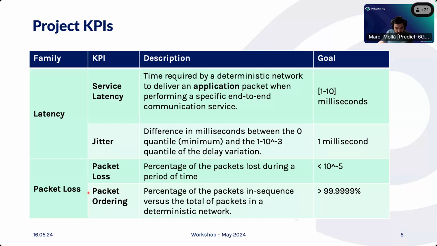Okay, and we introduce a new KPI that is packet ordering, mainly because our use cases come from the industrial verticals and they are used to delegating the ordering of the communication to the network. And here we put the KPI in order to measure not only the ordering that we provide in our solutions, but also because it introduces some restrictions on the technology that we can use. For example, we cannot aggregate different paths that have different performance because then we introduce disorder in the communication.